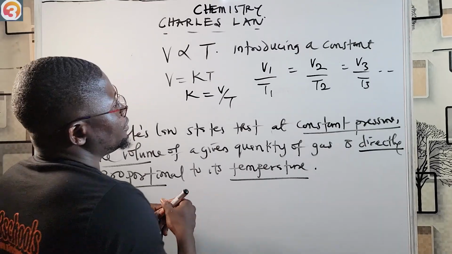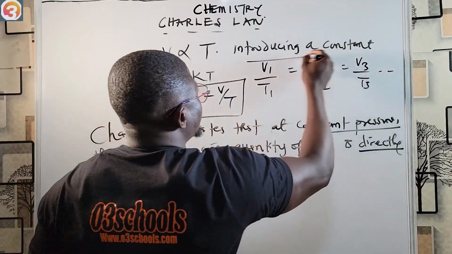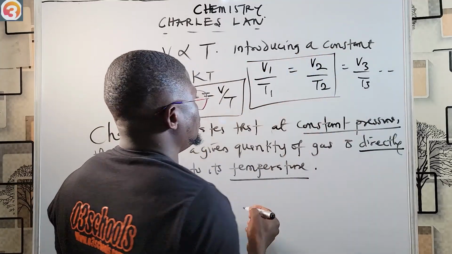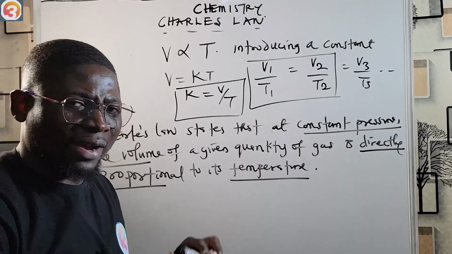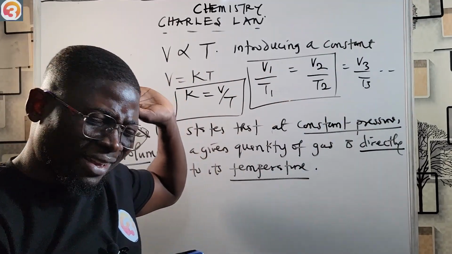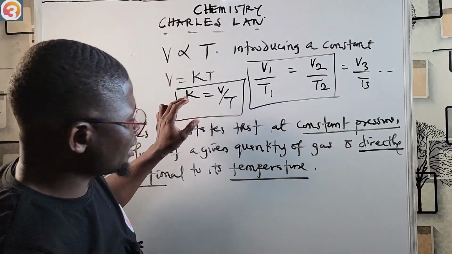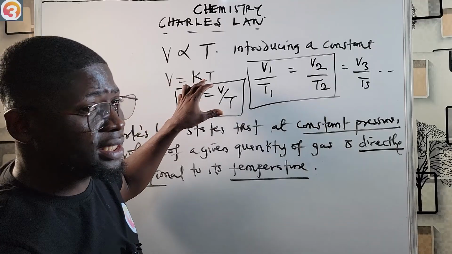All right, so this is very important to us for calculation purposes. As it concerns our exam, this is very, very important, and so we must know them. We already know here that V is equal to KT.